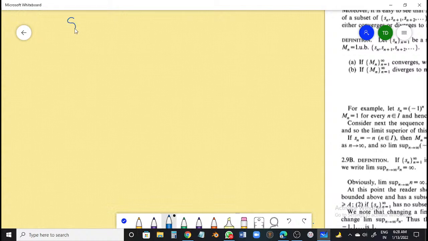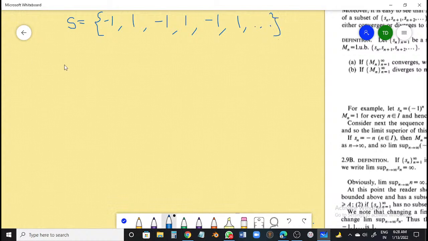See, this sequence is minus 1 raised to n, meaning the first term is minus 1, the second term is plus 1, the third term is minus 1, the fourth term is plus 1, next is minus 1, next is plus 1, and so on.